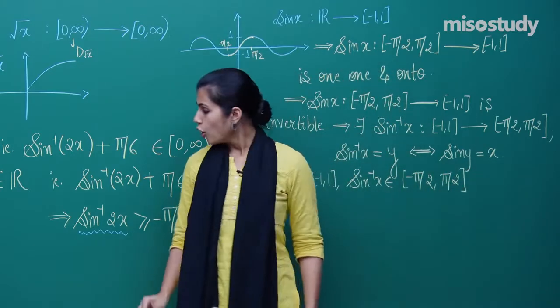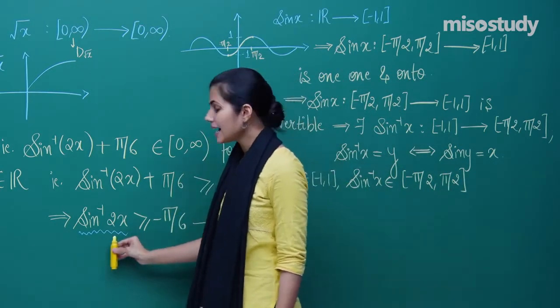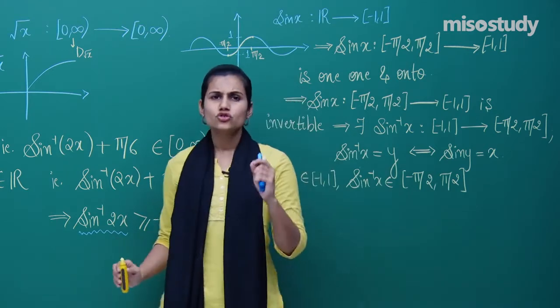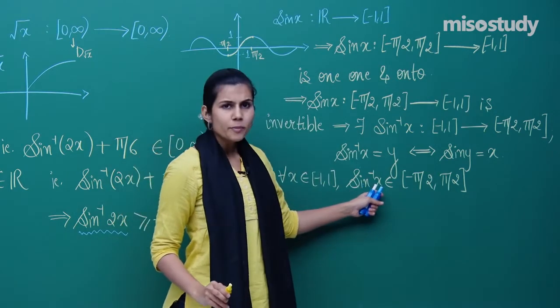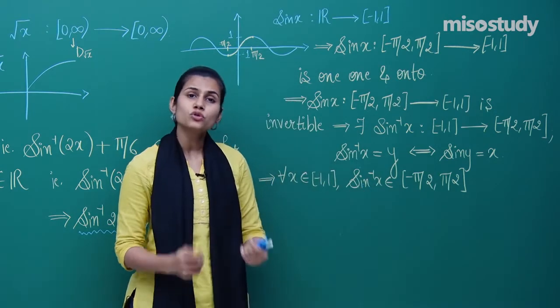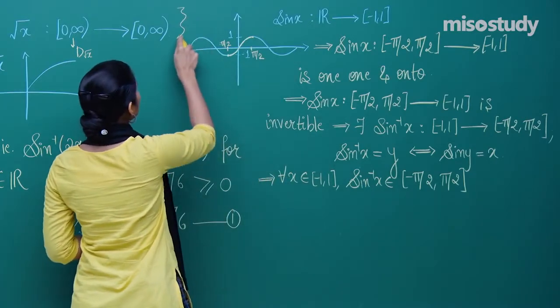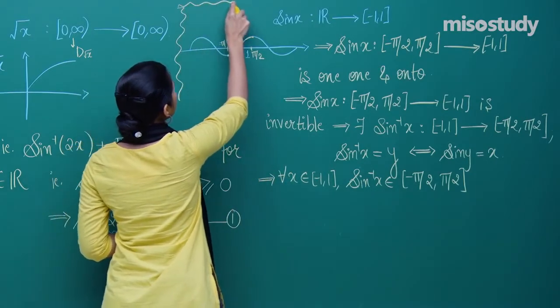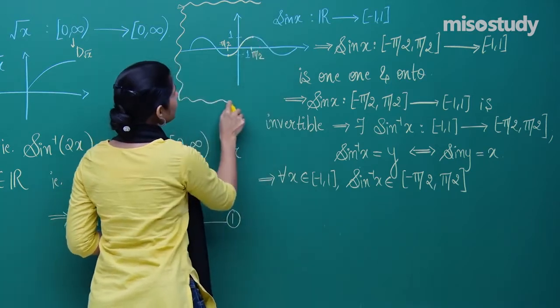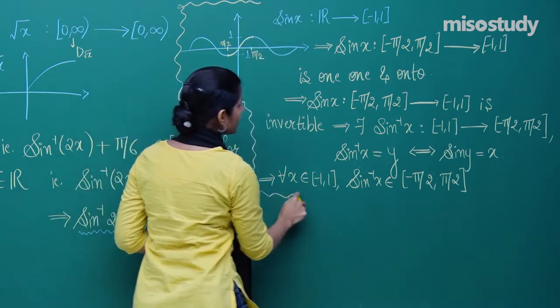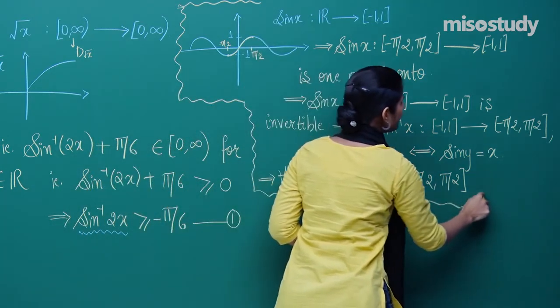Right? Over here in the question we have sine inverse 2x. Just make the argument 2x instead of x. The argument still remains the same. This entire concept that I have taught you is for your understanding, because I am using this completely in this question.